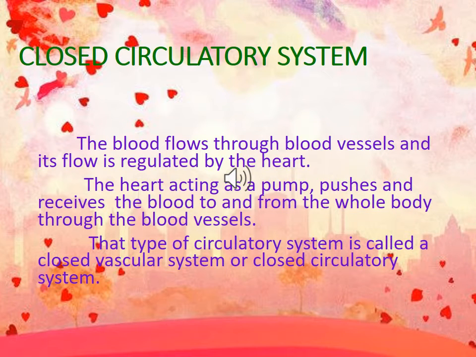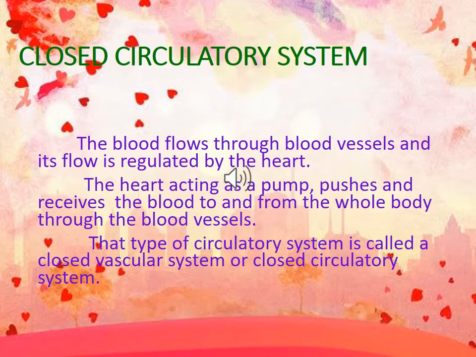In this slide, we will learn about the closed circulatory system. So, what is it? The blood flows through blood vessels and its flow is regulated by the heart. The heart, acting as a pump, pushes and receives the blood to and from the whole body through the blood vessels. That type of circulatory system is called a closed vascular system or closed circulatory system.